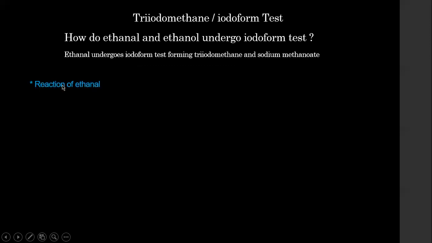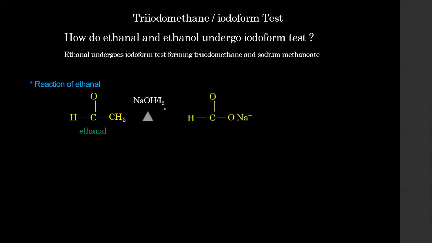Now, if I think about the first one, the reaction of ethanal, see the structure. This ethanal is the only aldehyde which can have a CH3 group attached to the carbonyl functional group. No other aldehyde has this feature. This one can react, again when heated in the presence of sodium hydroxide and iodine, to make, now see, a compound with only one carbon atom, sodium methanoate.